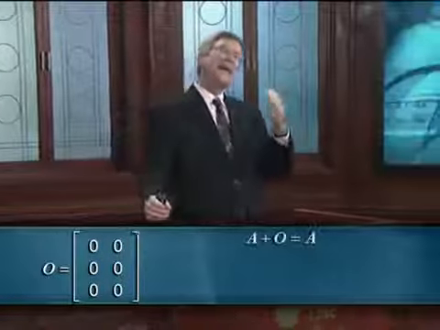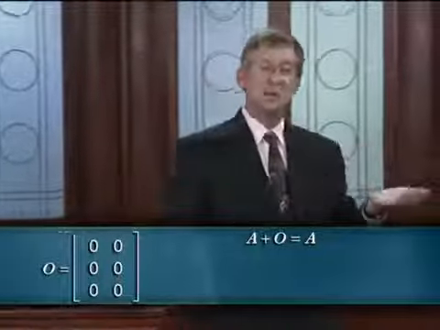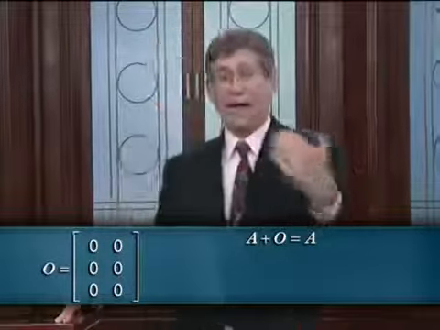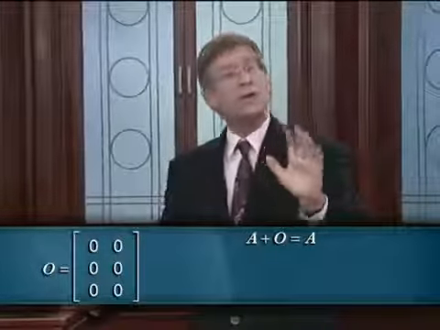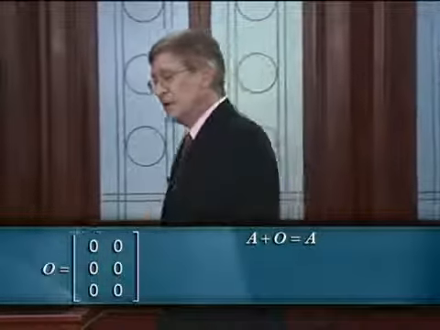If you add any matrix to the zero matrix, of the same size of course, you'll get back that matrix. A plus 0 equals A is a matrix equation, and it says that for a matrix A, if you add the corresponding 0 matrix of the same size, then you'll get back that matrix A. That's obvious because all the entries are 0 when you add them up. The 0 matrix doesn't affect the sum.